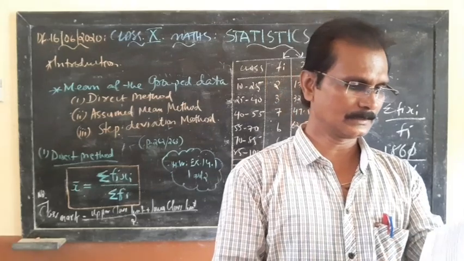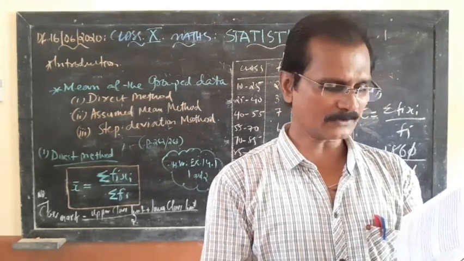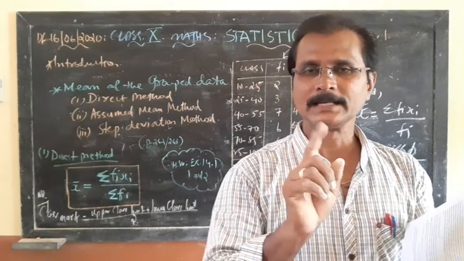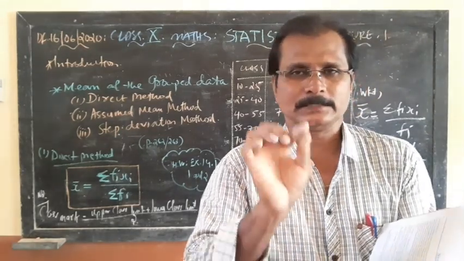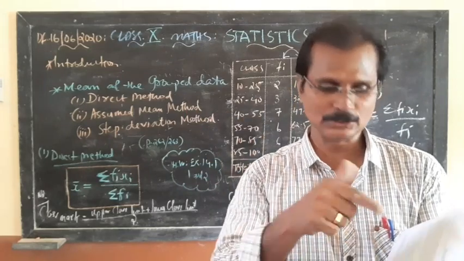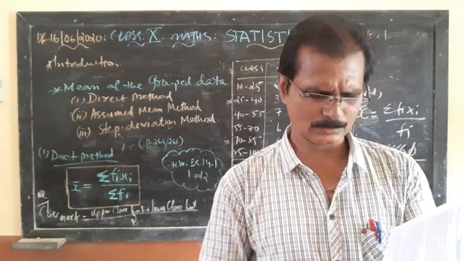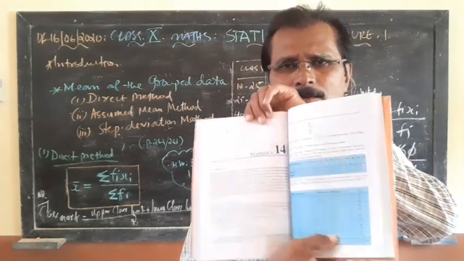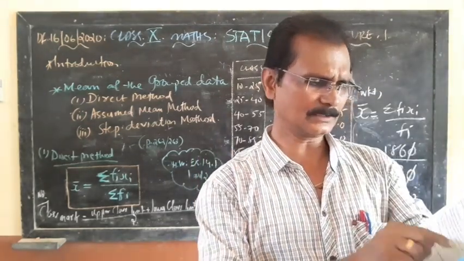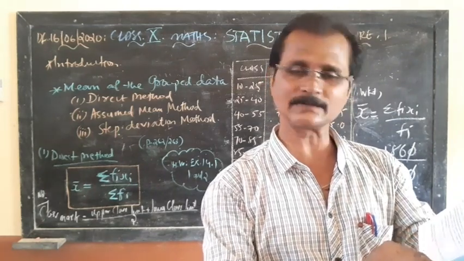Here you can see marks obtained 10, 20, 36. The classes are not given, the mid value is given directly. So fi xi, you can directly multiply these two numbers. 10 ones are 10. Look at the table just below. No classes, 10 ones are 10, 20 ones are 20, 36 is the 108.